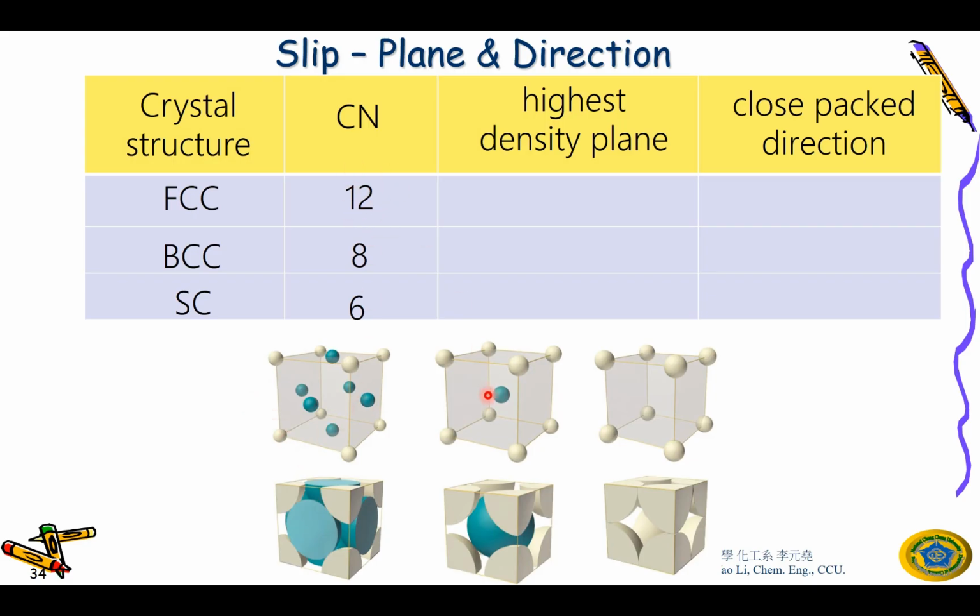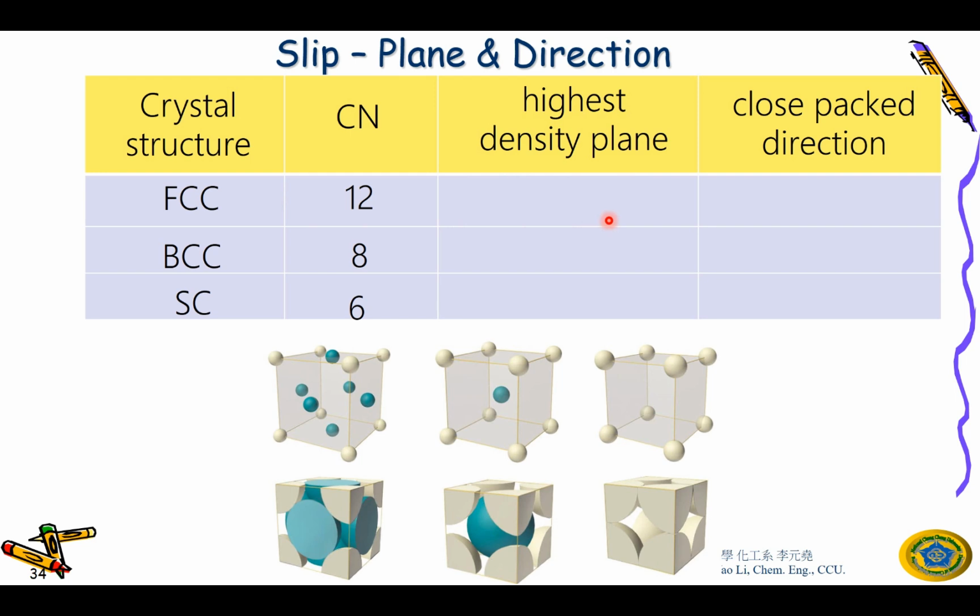So there are 12. For BCC, the coordination number is 8: 1, 2, 3, 4, 5, 6, 7, 8. For simple cubic, the coordination number is 6: 1, 2, 3, 4, 5, 6. So it's 6.